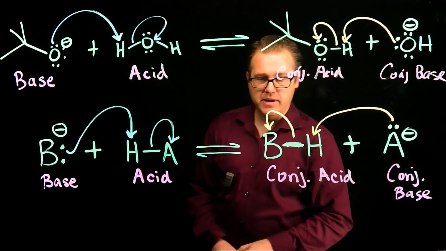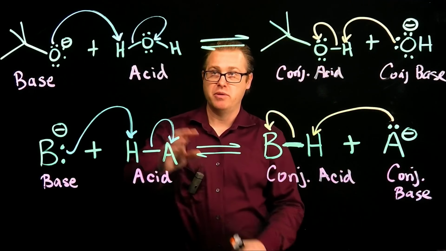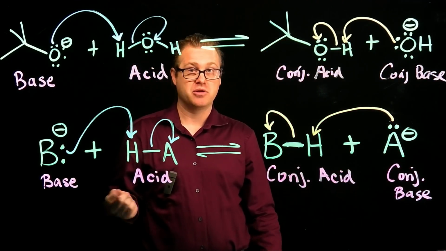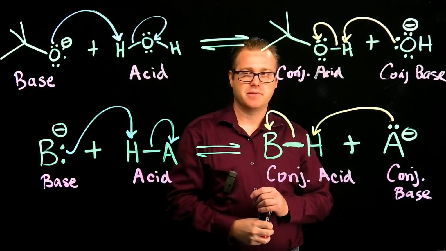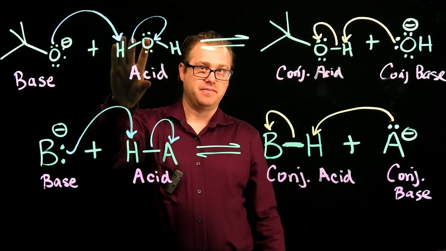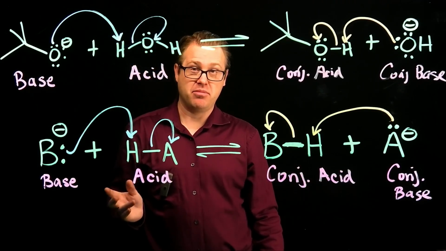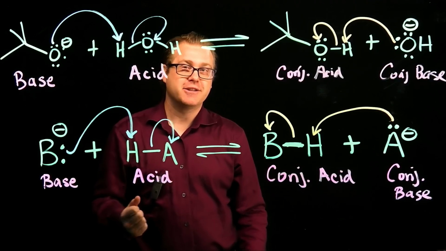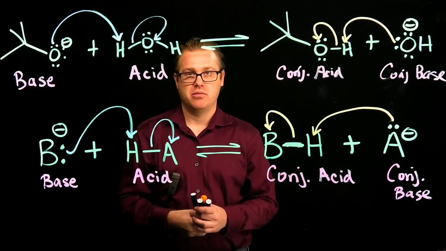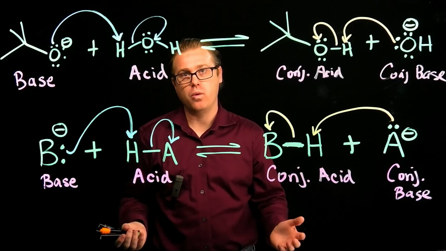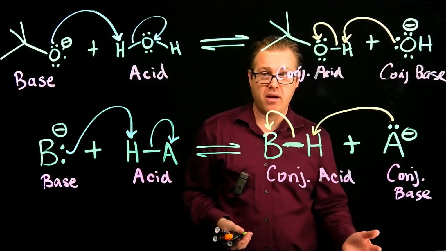Now in these last two examples, we used water in both. In this example we used water, and in the previous one we used water. But what was the difference? In this example, water was the acid. In the previous example, water behaved as the base. So you cannot just memorize that water is an acid. No, it can act as a base as well.